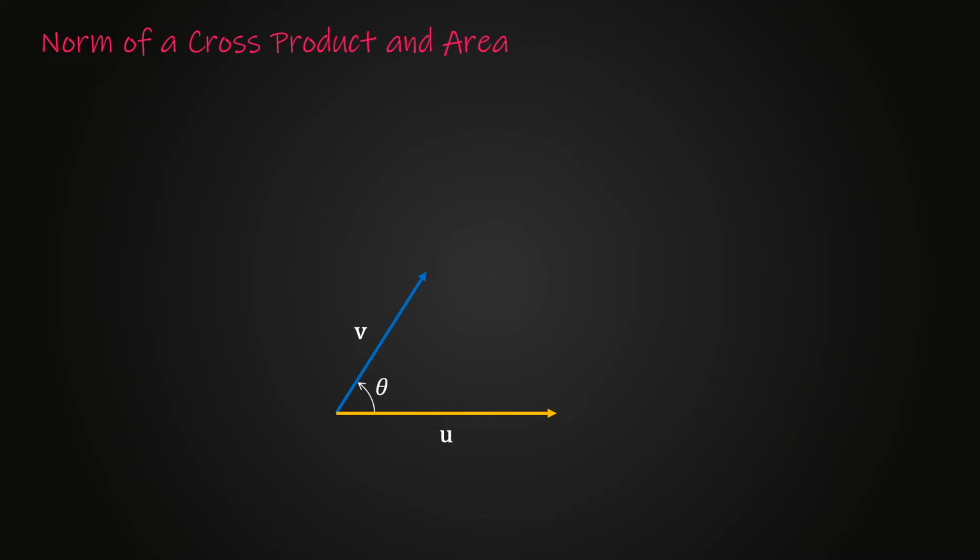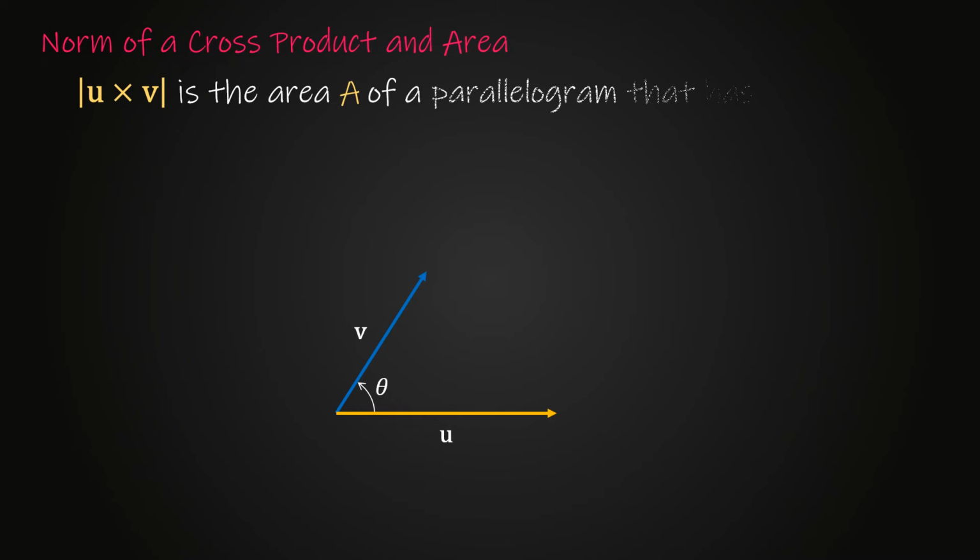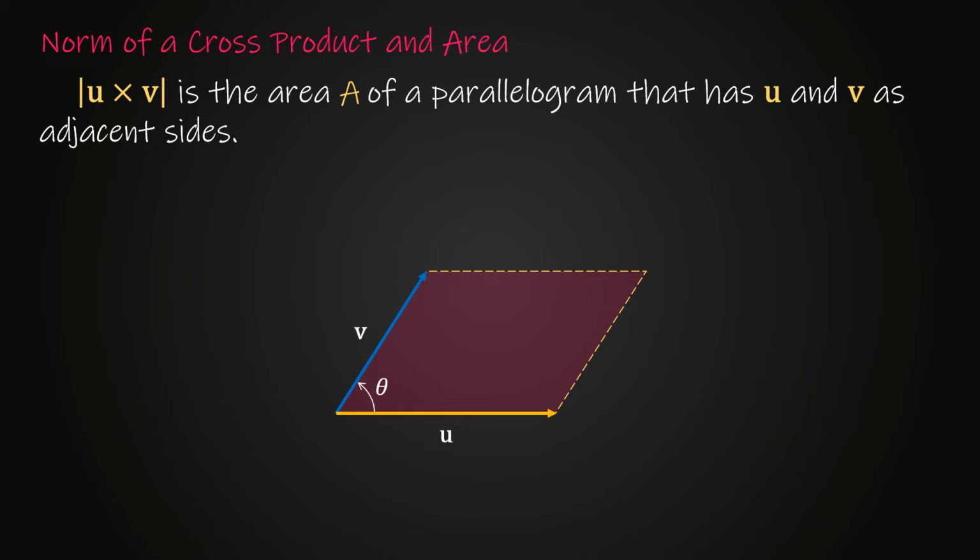Norm of a cross product and area. Consider vectors u and v, and theta as the angle between the two vectors. The norm of the cross product of two vectors is the area A of the parallelogram that has u and v as adjacent sides.